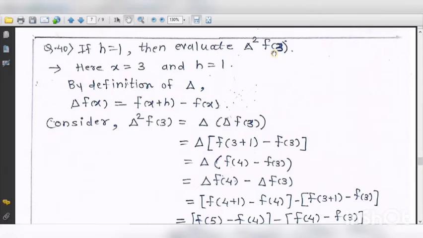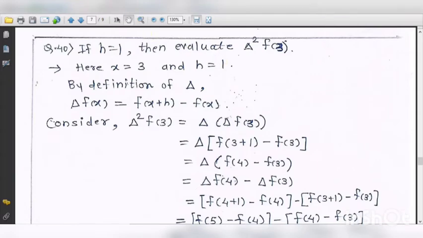So here x equals 3, and delta square means the second order forward difference of the function f of x at x equals 3. You have been given the value of h also. So, as given, x equals 3 and h equals 1.